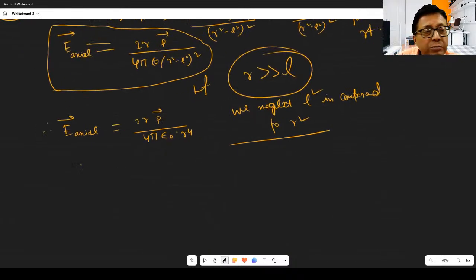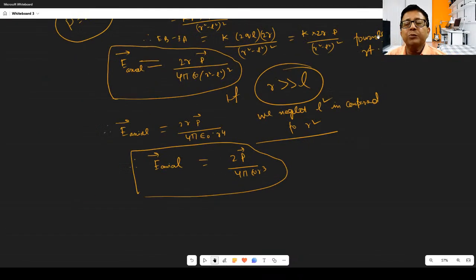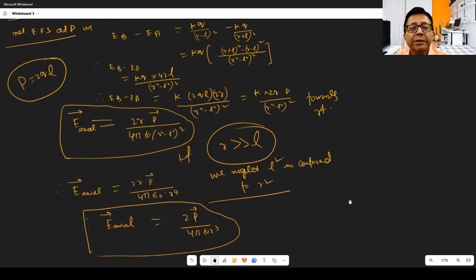Therefore, E axial equal to 2P by 4 pi epsilon 0 R cubed. Check the calculation once more, whether I have done it correctly or not.